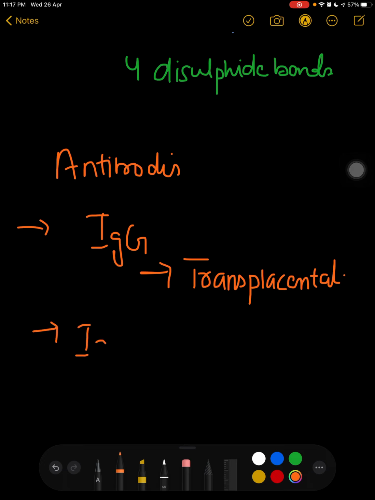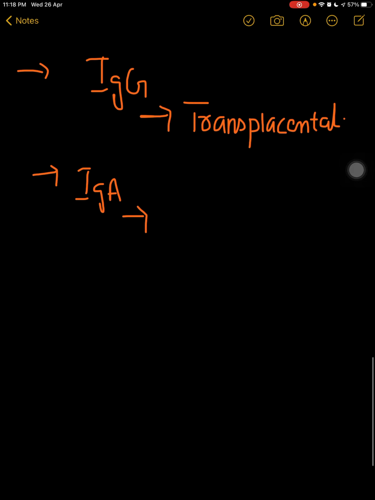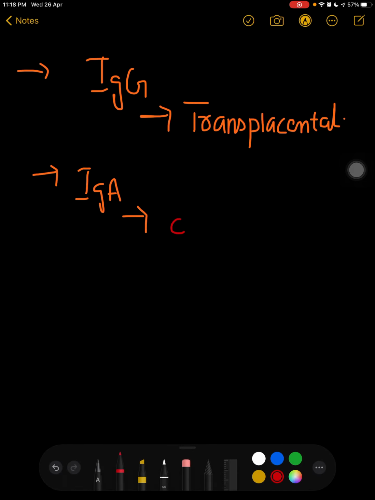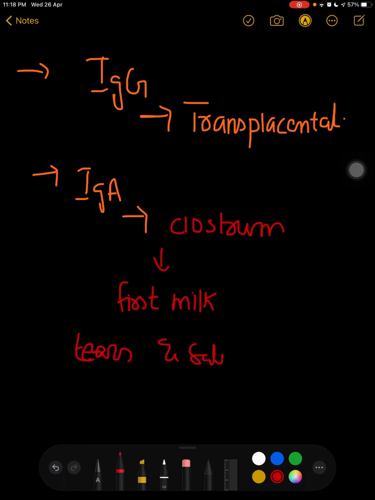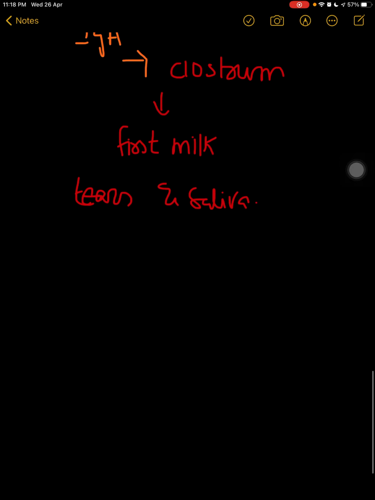The second we have IgA, which is basically present in the colostrum, right, in the first milk. It is present in the first milk, and then it's also present in the tears and in the saliva as well, right?